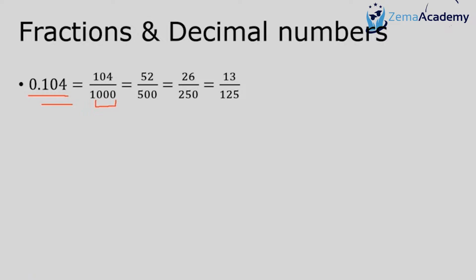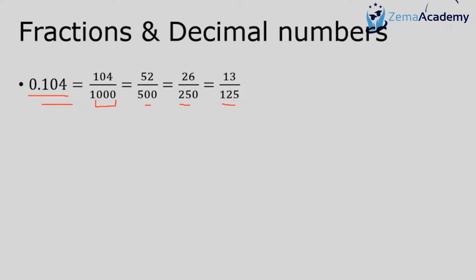And then again, I have to simplify. So I take it from 104 over 1,000 to 52 over 500, divided by 2. I can divide by 2 again, 26 over 250, and then divide by 2 again, takes me to 13 over 125. 13, of course, is a prime number, so we can't go any further than that.